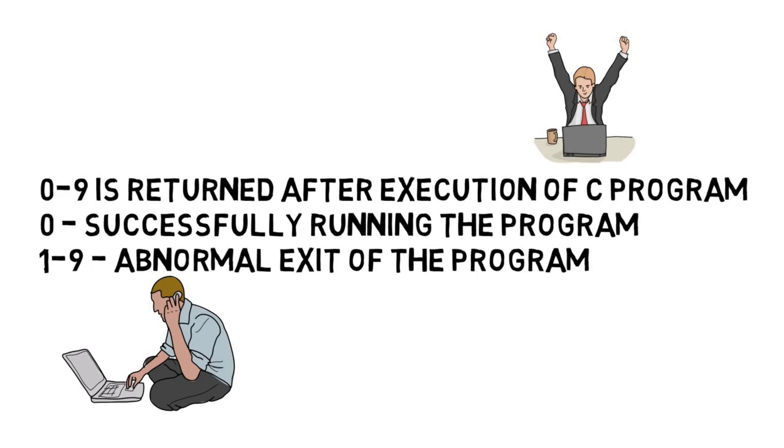If 1 to 9 is returned, there are specific messages that go to the operating system, which indicate that your program has been aborted abnormally and should be executed once more, or it has failed. That's it. So these were the return types in the C programming language while using the main function.